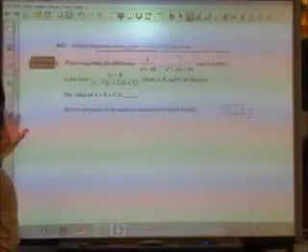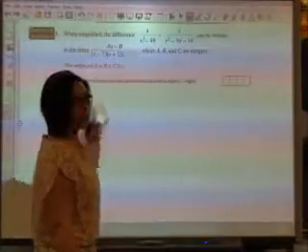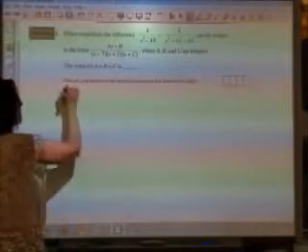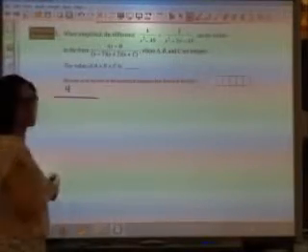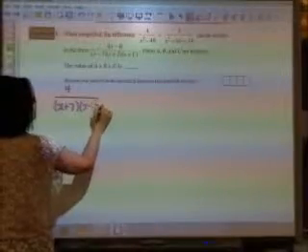So in order to do this, I'm going to need a common denominator. Before I find a common denominator, I need to factor these at the bottom. So how do I factor x squared minus 49? X plus 7 and x minus 7.